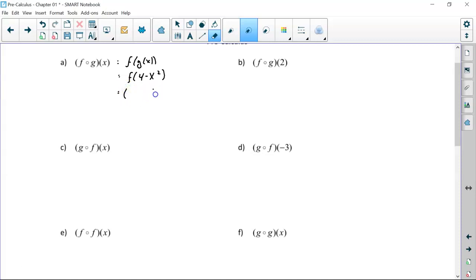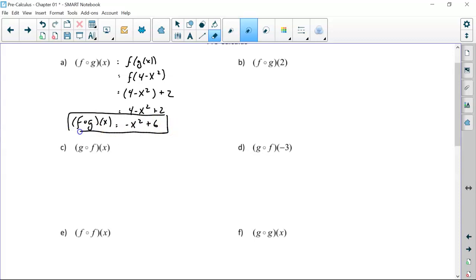So instead of writing x, I'm going to put my grouping symbols, leave it blank, plus 2. And we substitute 4 minus x squared. So it's 4 minus x squared plus 2, which is the same as negative x squared plus 6. That's f of g of x.